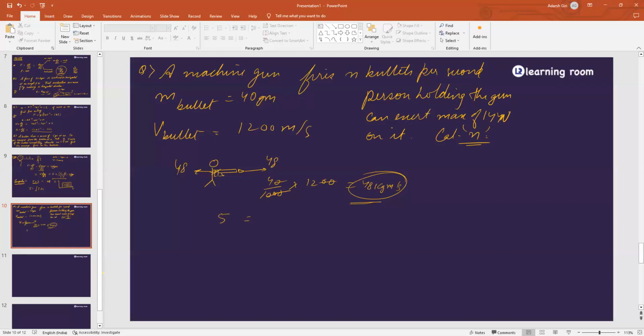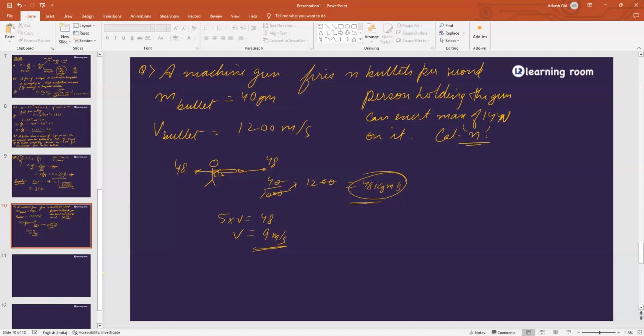So velocity will be 48 by 5, that is about 9 meter per second. That should be the velocity of the gun at the backside. So you have to balance this out. I've just taken an example where the weight of the gun is 5 kg. Generally it is more than that. So it generates.